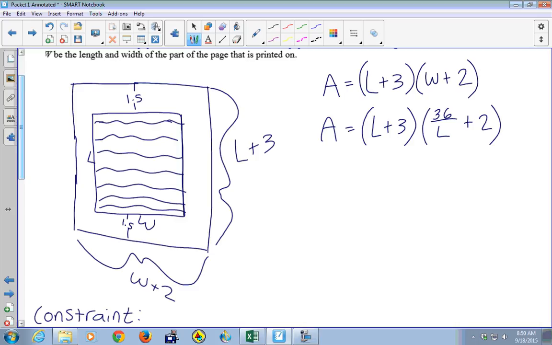So I just did a substitution based on our constraint. With me so far? Okay. So this is the thing I want to minimize.